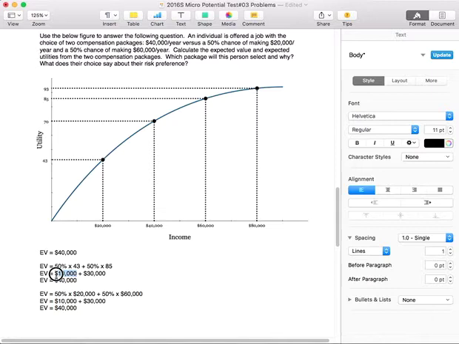So 50% times 43 gives me 21.5, and 50% of 85 is going to give me 42.5.